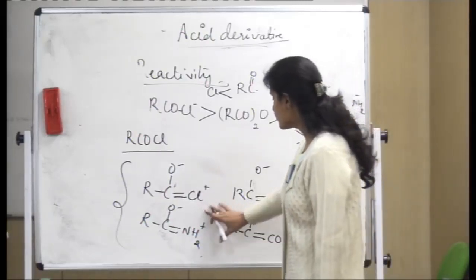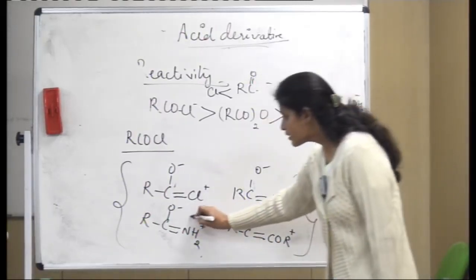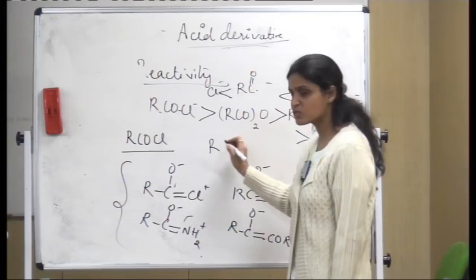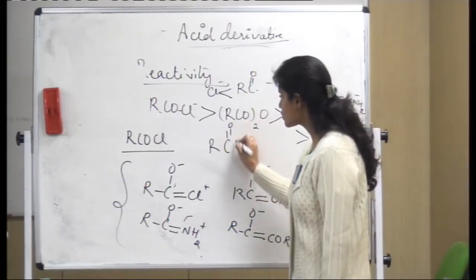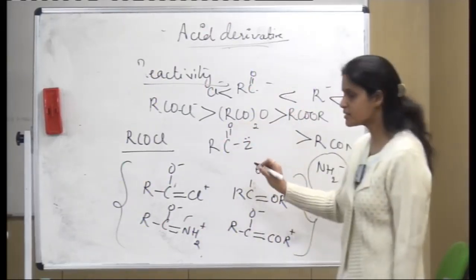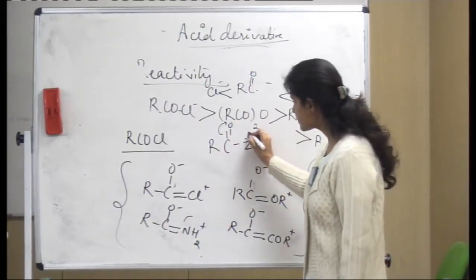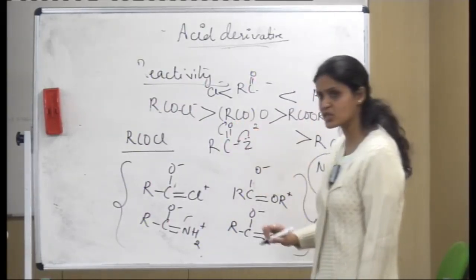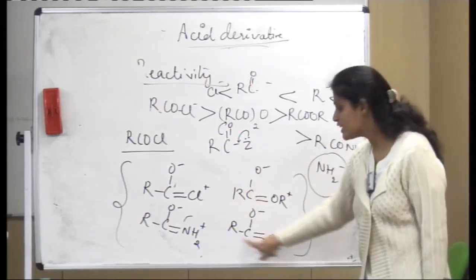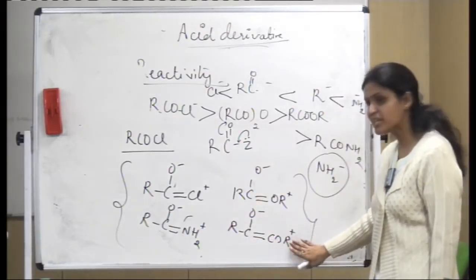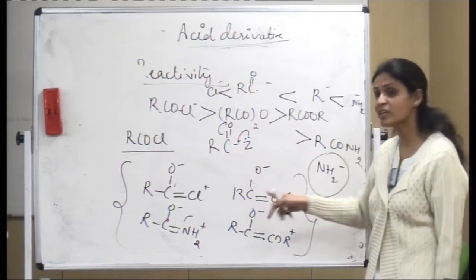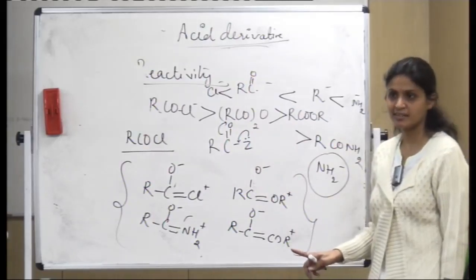I know that when I was drawing the resonance structure, I drew the structure like this. I consider that this carbonyl group is polar and this basic group will donate the electron here. Out of these four, I know amino group can donate electron easily, right?